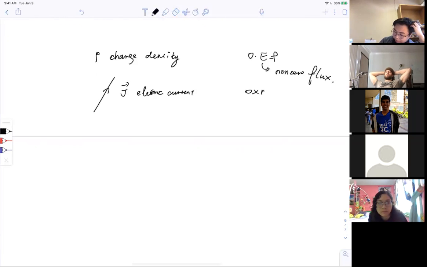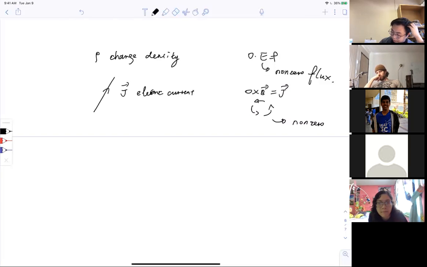We know that this current will introduce this kind of circulation. So this guy will give us a non-zero circulation. So similar to here, what we call this rho as charge density, we call this J as like a circulation density.